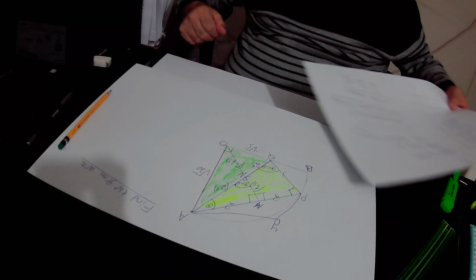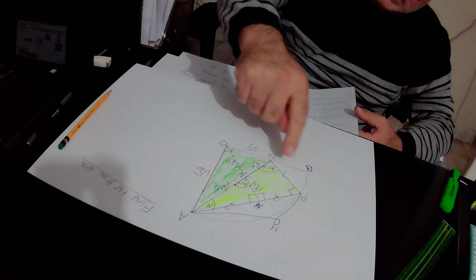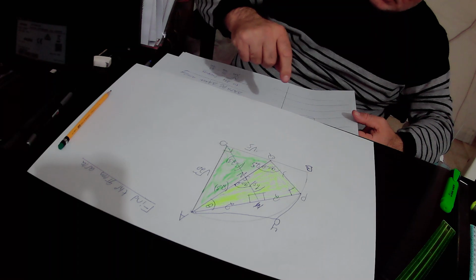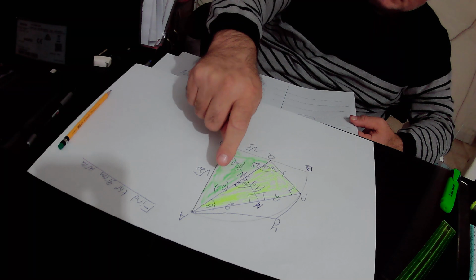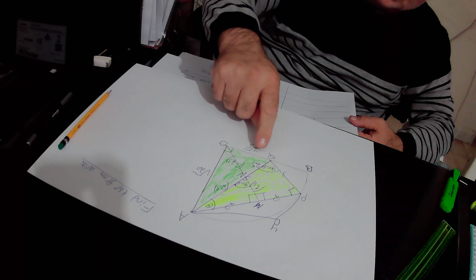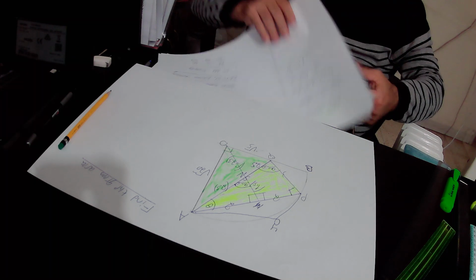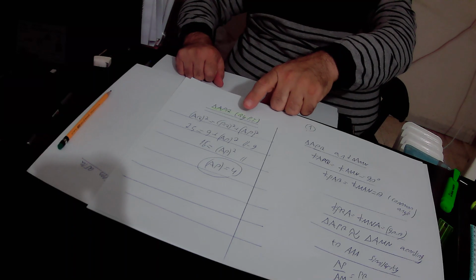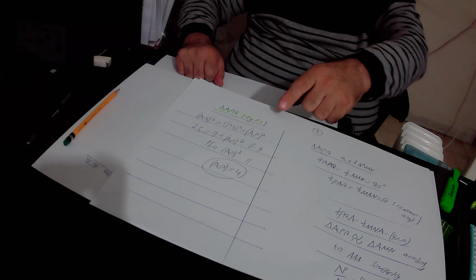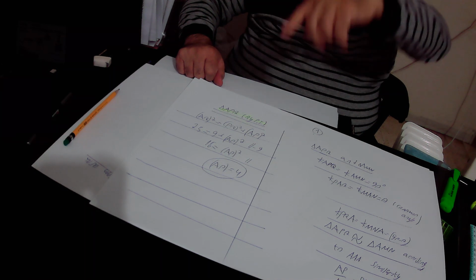First of all, implement the Pythagoras theorem on the right yellow triangle APQ. AQ squared equals AP squared plus PQ squared. AQ equals 5, therefore AQ squared is 5 squared, that is 25, plus PQ squared.